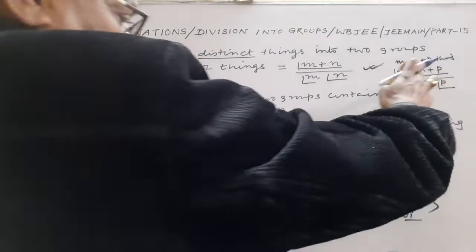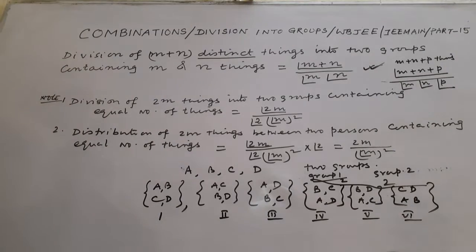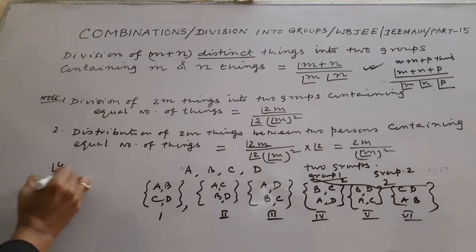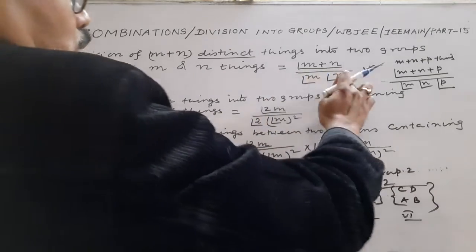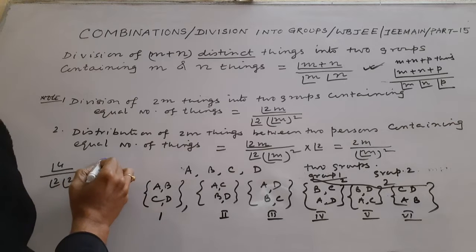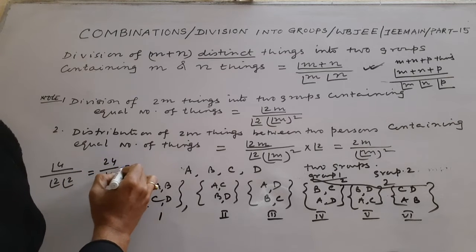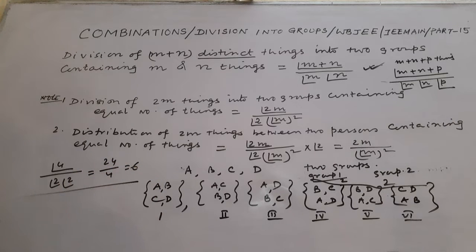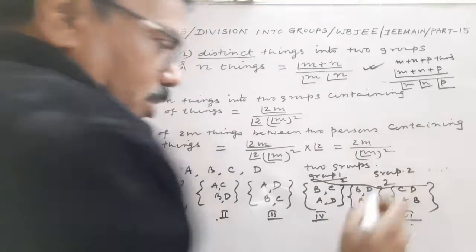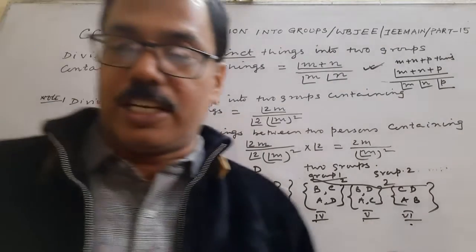So according to our formula, we are getting factorial 4 by factorial 2 into factorial 2, so 24 by 4 equals 6. So we are getting 6 groups.